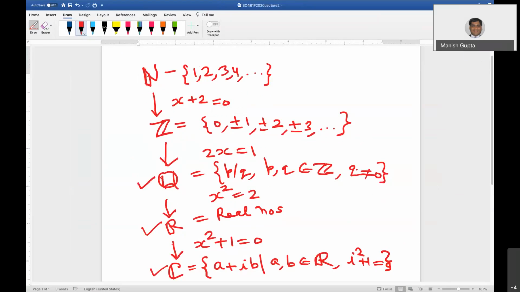are special sets of numbers because they are known as fields. A field means a set of numbers where we can play with all four operations: addition, subtraction, multiplication, and division. So we can do all the four operations here.